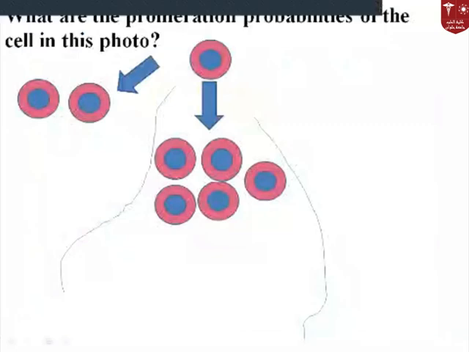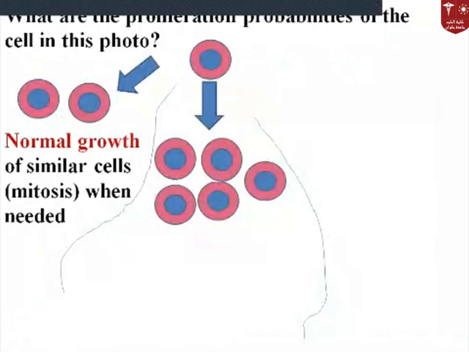And the cells are very similar to the original one. This is called normal growth with mitosis, right? Another possibility is that the cell gives a higher number of daughter cells that are similar to some extent to the original cell. And this is a tumor, right? We just described something like that.